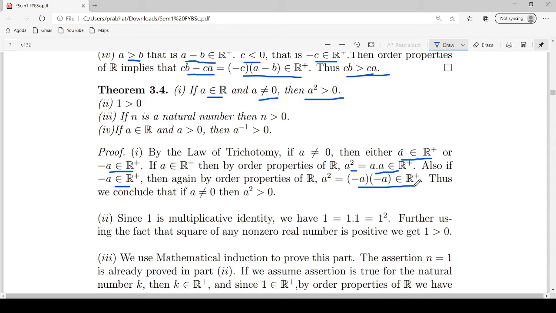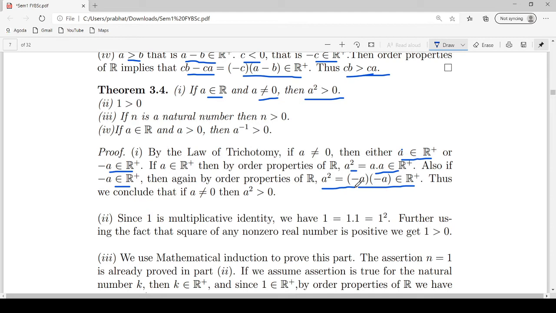Minus A is positive, so minus A times minus A is product of two positive real numbers, therefore it should belong to R plus. But minus A into minus A is minus 1 times A into minus 1 times A. I can club minus 1 and minus 1, that will become plus 1, and this A into A is A square. So I will have in this case also A square belongs to R plus.